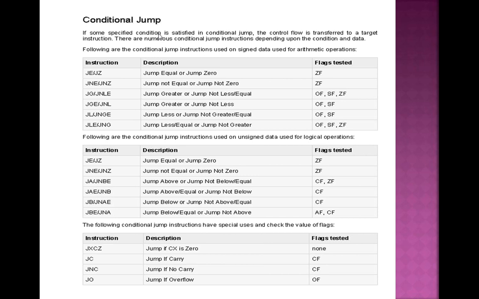These are the examples of conditional jump, how we can jump from one place to another based on the conditions. There are multiple instructions like JE, JZ, that is jump equal, jump zero. Then JNE, JNZ, that is jump not equal, jump not zero. Then there are multiple logical operations also.